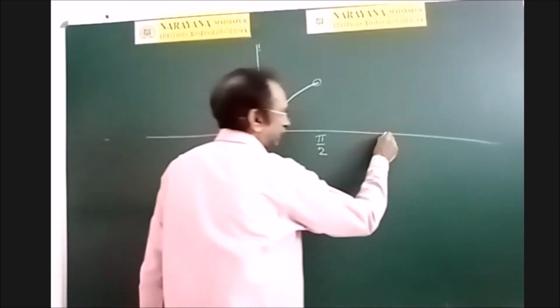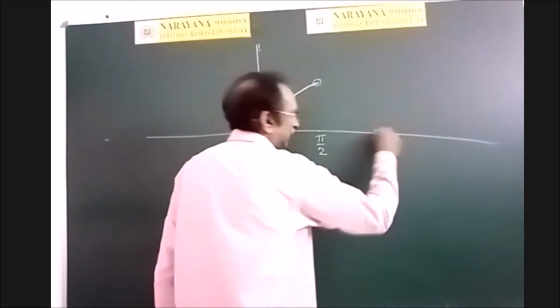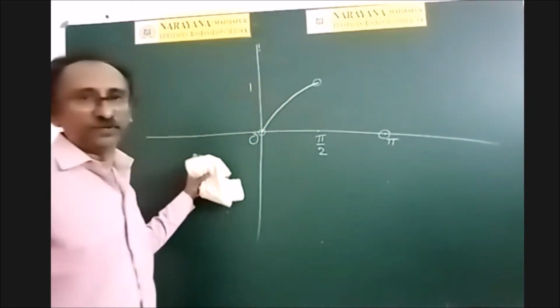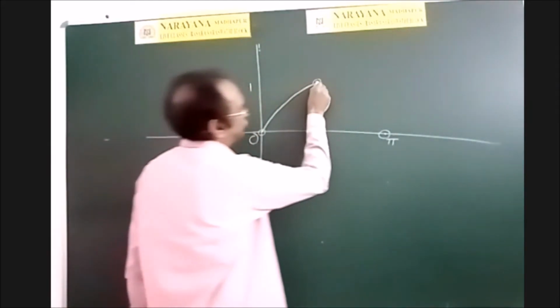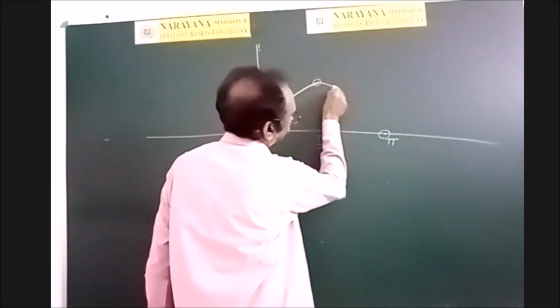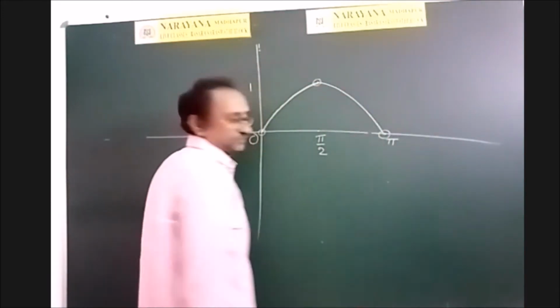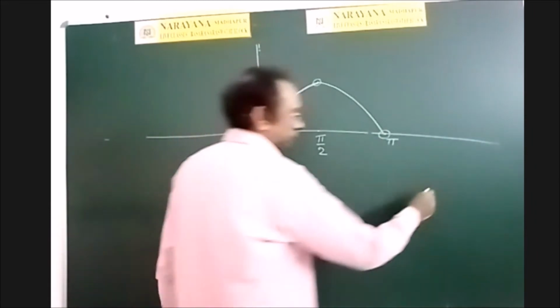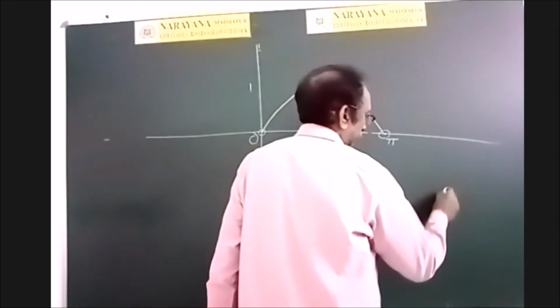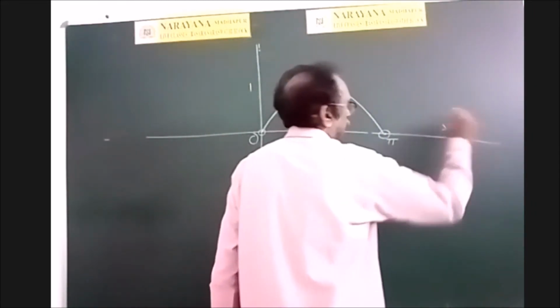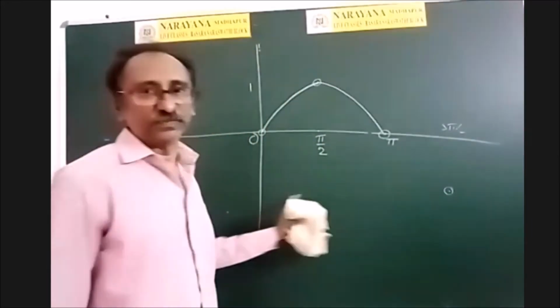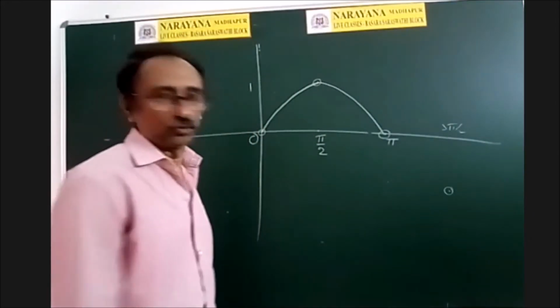And again in the second quadrant, you know that sin 180 degrees is 0. We observed previously. And the value decreases from 1 like this. And once again, at 270, that is 3 pi by 2. So angles must be written on x-axis as radians only.